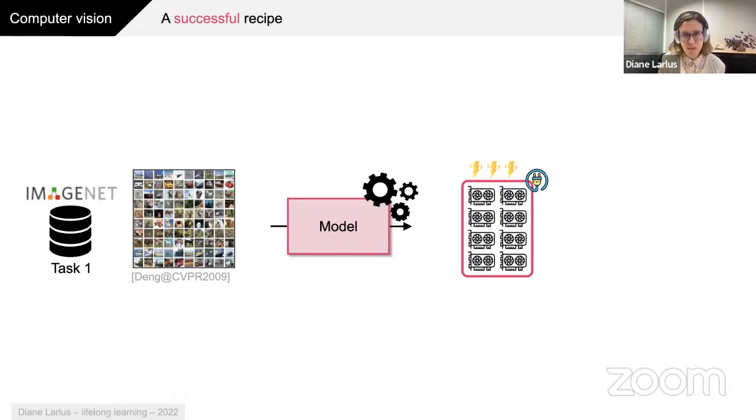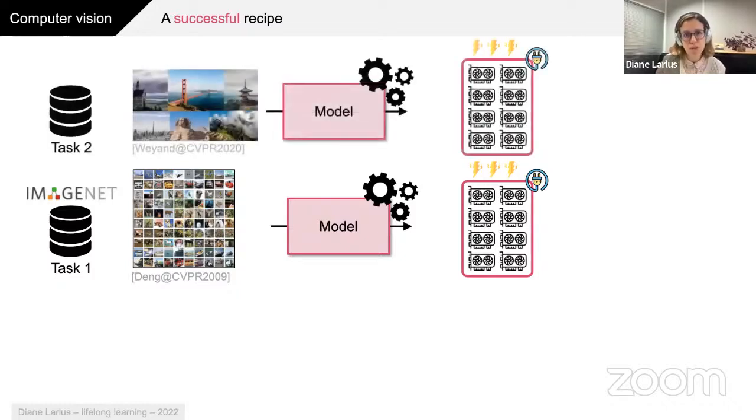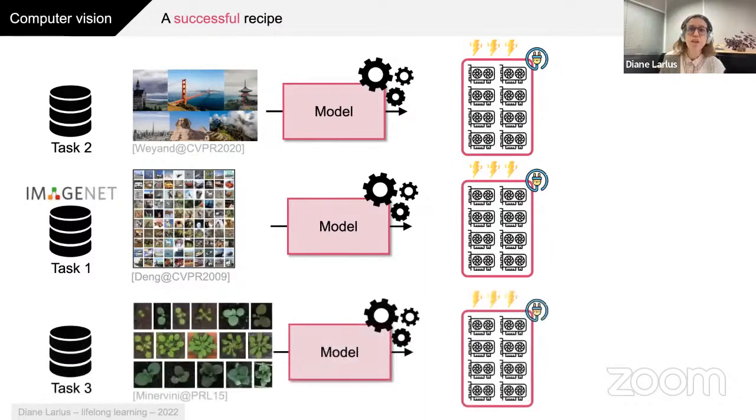So now that's great. But what happens when a new problem comes along? So let's assume that you would like now to classify hundreds of famous landmarks. What you need to do is to collect a new data set suited for the task, retrain a model, throwing again lots of compute power at it. And yet another problem comes along. For example, you want to classify leaves, then you have to start this entire process over again.